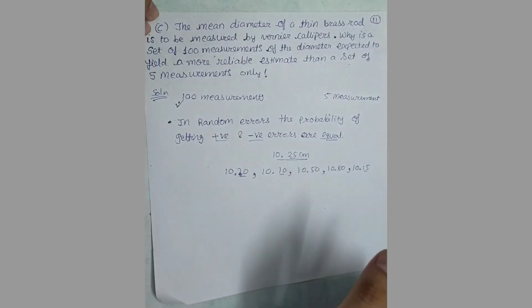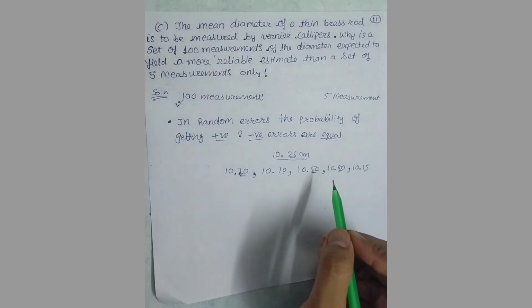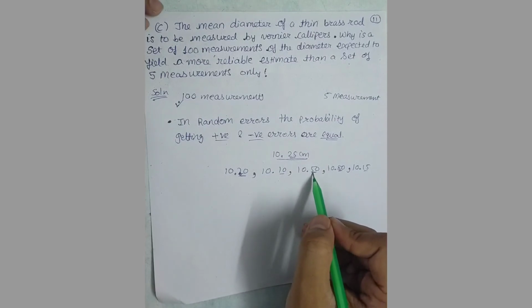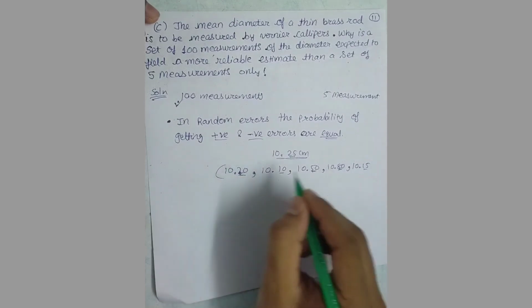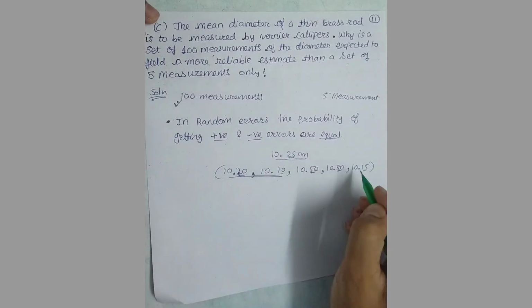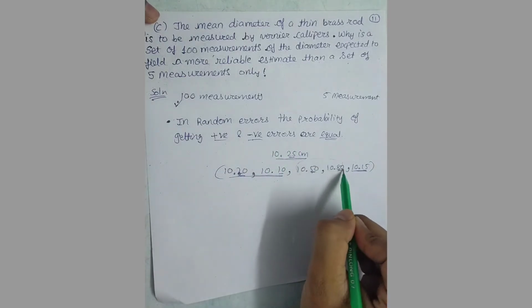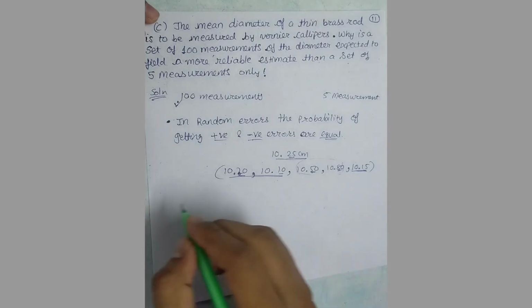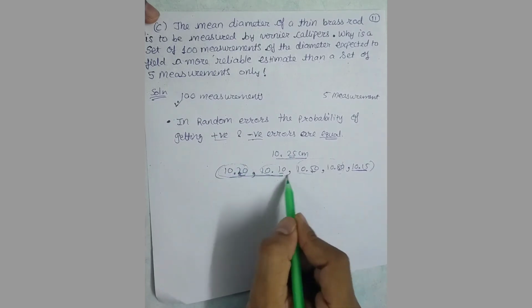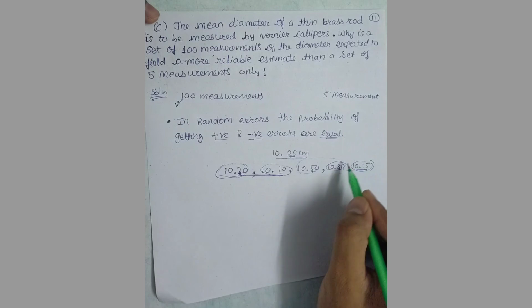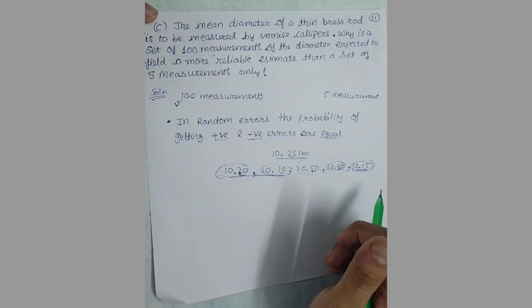These three errors are negative, while 0.50 and 0.80 are positive errors, that is, the measured dimension is greater than the actual dimension. So 3 random errors are negative and 2 are positive. Now consider if you take 100 such dimensions, then the effect and probability of cancelling the positive and negative errors will increase, and you will get a more accurate and reliable answer.